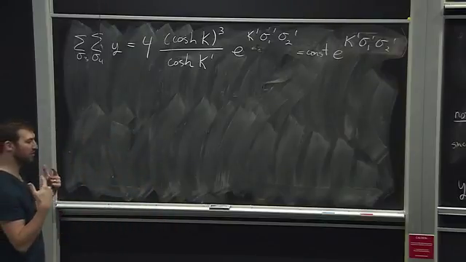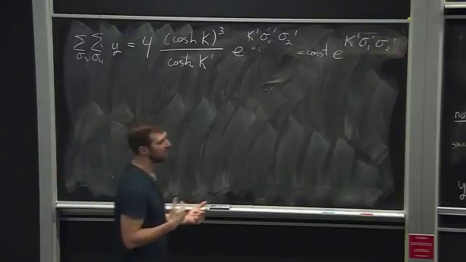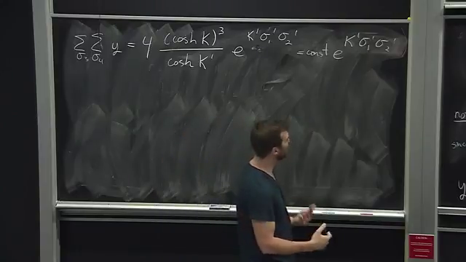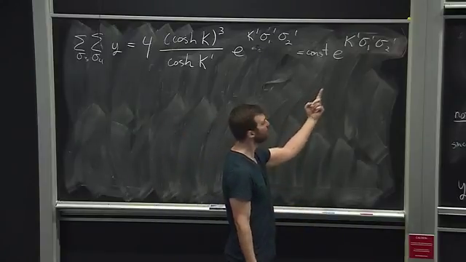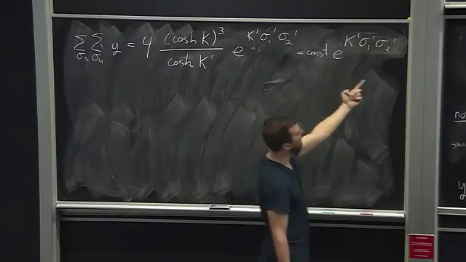Okay, so now I have basically a recursion equation, because the Hamiltonian's forced to be in the same form with K prime instead of K.